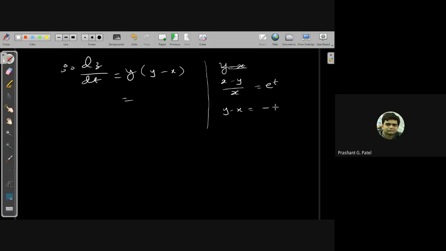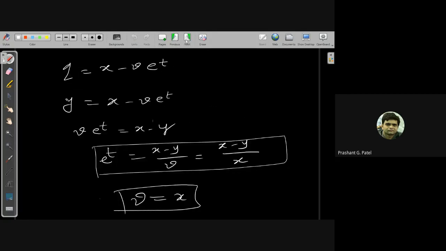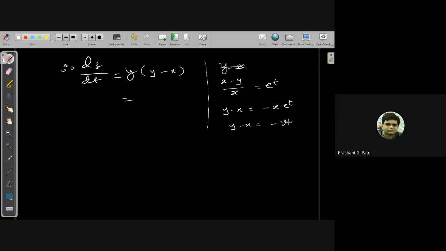So y minus x is minus of x e power t. And the value of x we already have is v. So this will be minus v e power t. So this value we have this.